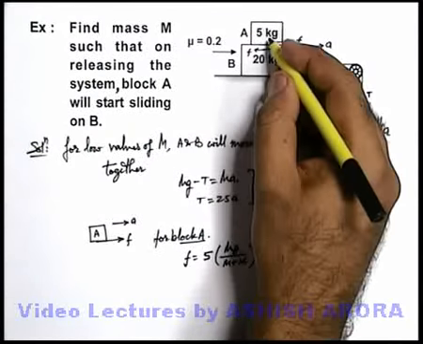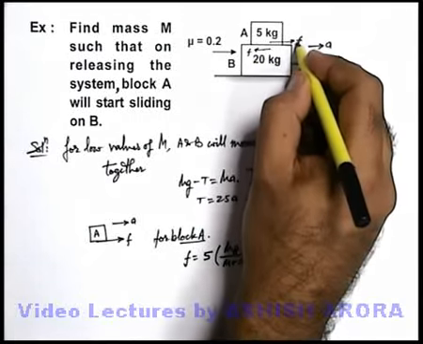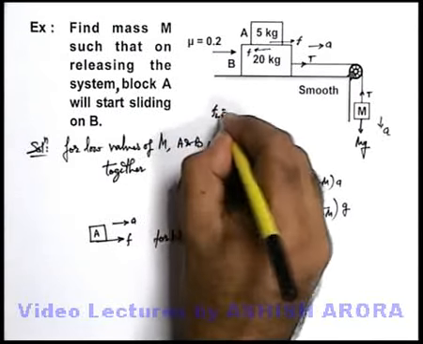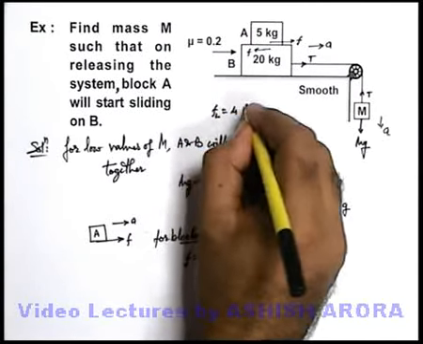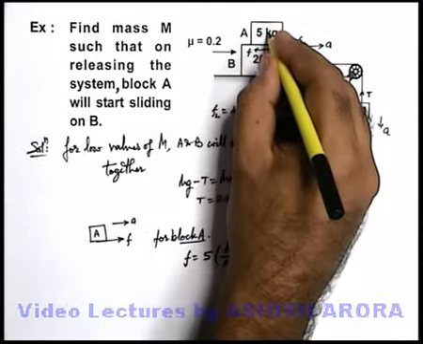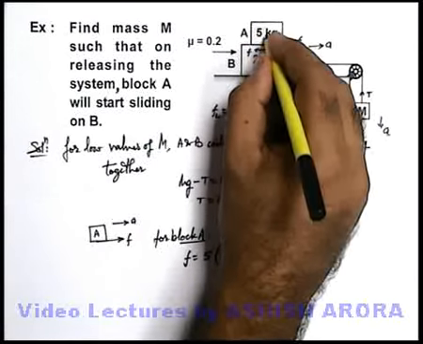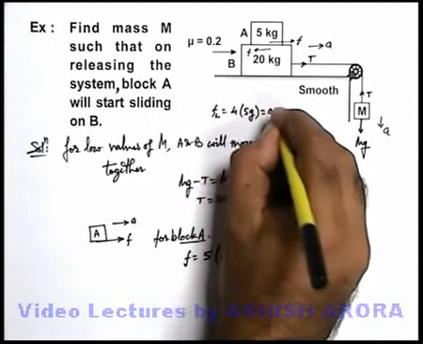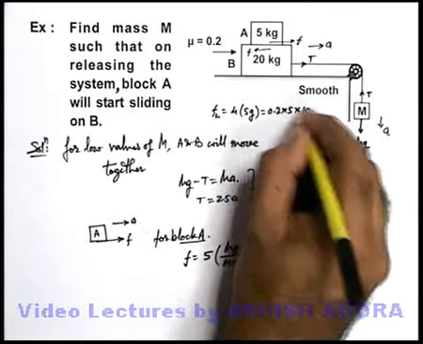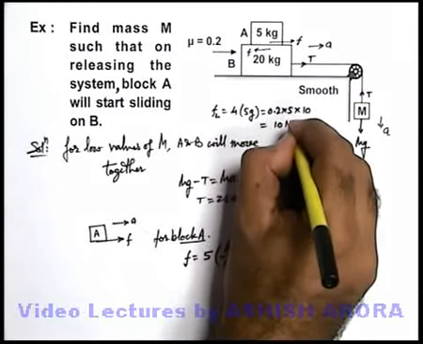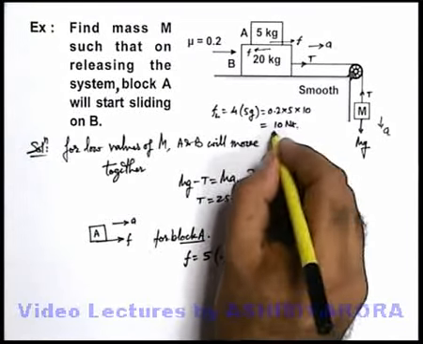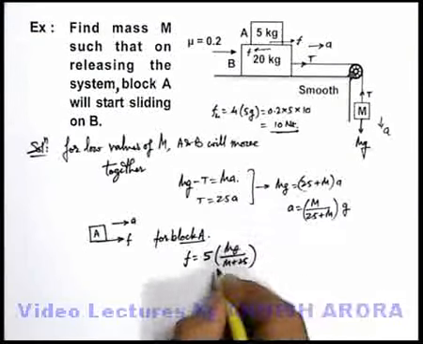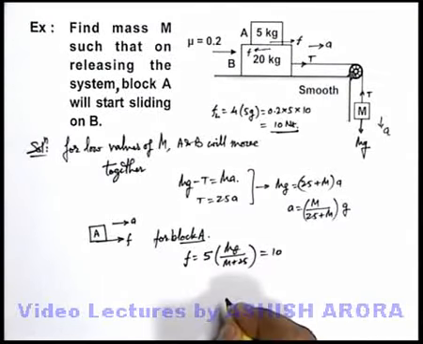And block A will start sliding on block B as soon as the value of friction approaches the limiting value. We can easily calculate the limiting value of this friction: mu multiplied by the normal reaction acting on it. As in the vertical direction the blocks are not in motion, its normal reaction is 5g. So it can be written as 0.2 into 5 into g, with g taken as 10. So this will be 10 newton. So the limiting value of friction between blocks A and B is 10 newton. Block A will start sliding as soon as this friction approaches the value 10.